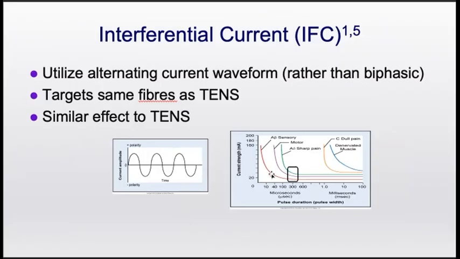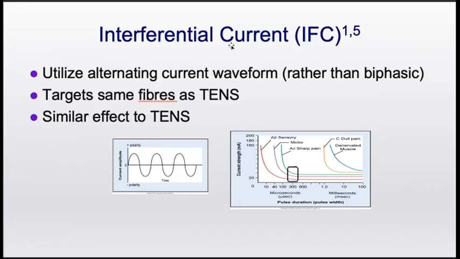If you're using TENS and you're at, say, 40 microseconds, you have to use a very high current to activate those motor tissues. If you're looking to activate the motor tissues and maybe you want to use less current to do so, you might be smarter to use interferential current because you need a lot less current to actually activate those tissues.